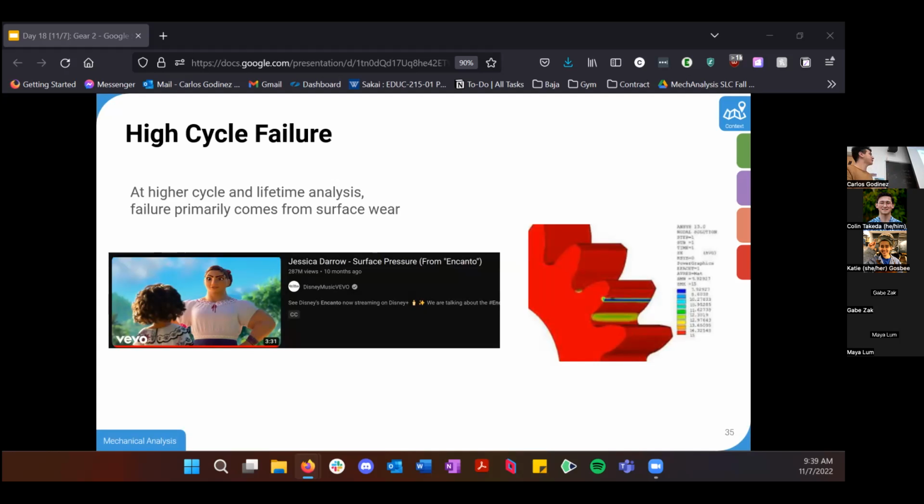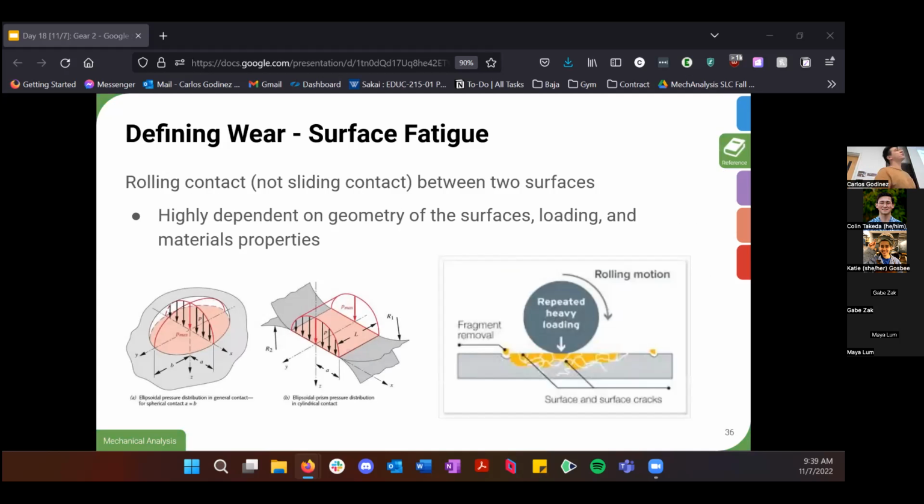I want to talk about high cycle failure real fast and give a quick review of what Nathan talked about a few weeks ago. At higher cycle counts, for a lifetime analysis, your failure is going to come less from bending at the tooth and more from surface wear, with a lot of pressure from gear teeth. You should review Nathan's slides.